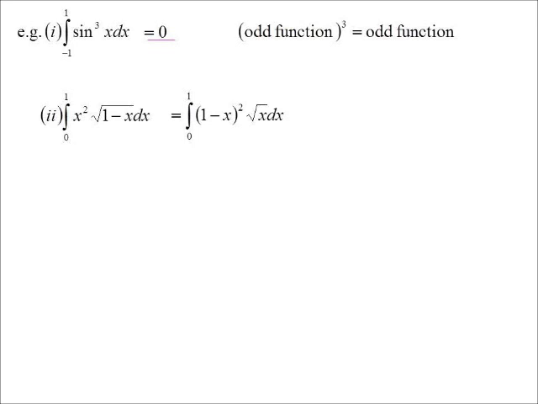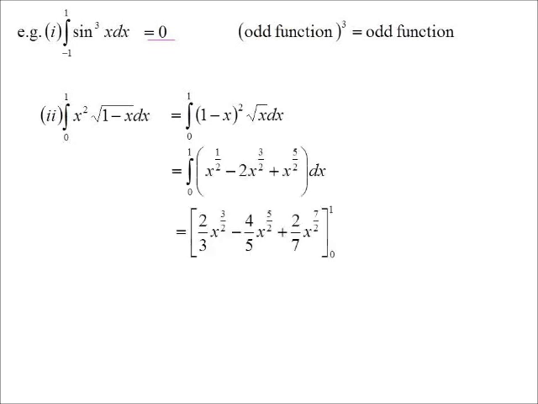It'll become (1 - x) squared times root x. And that's easier to integrate because I can just expand that out and it ends up being a simple add 1 to the power, divide by the power. Substitute in the 1, substitute in the 0, and we get our answer. So a lot quicker than trying to integrate x squared times the square root of 1 - x. Well, a lot might be an exaggeration, but it is quicker.